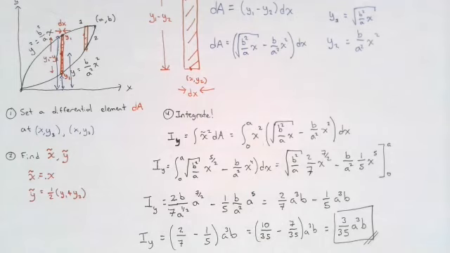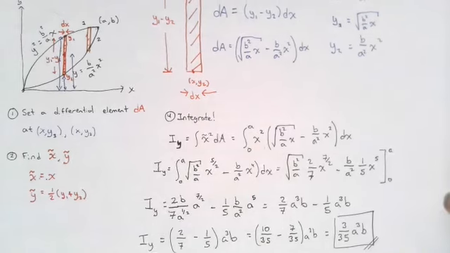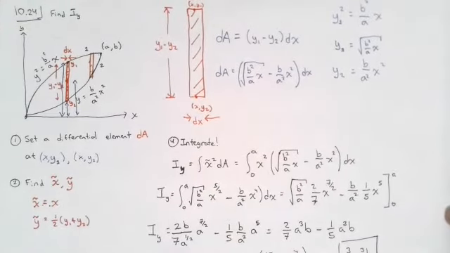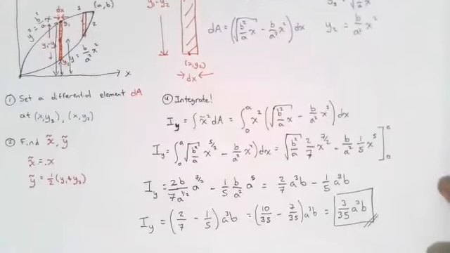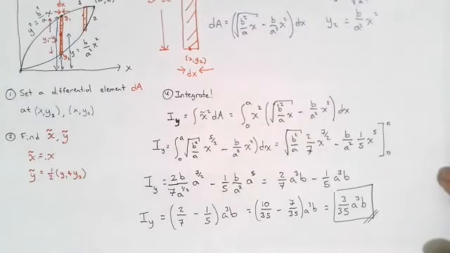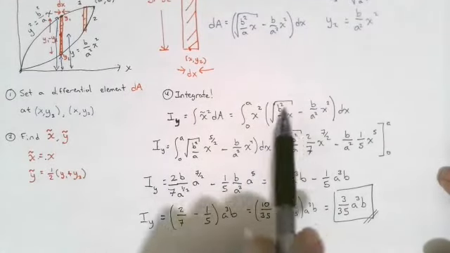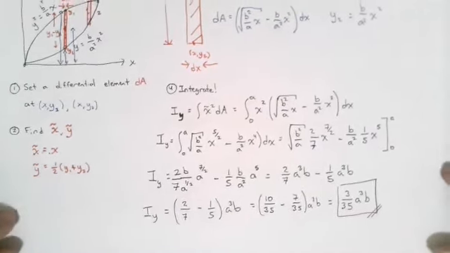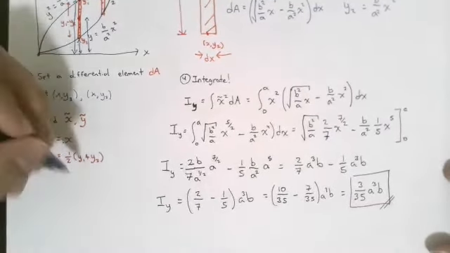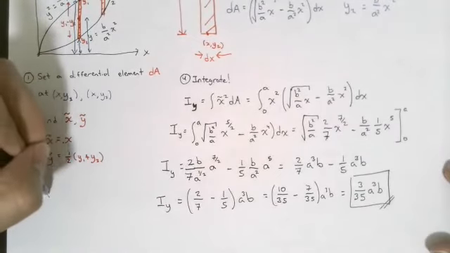Go ahead. How did you get x squared times the square root of x is x to the 5/2? Maybe I missed it. Yeah, no problem. Just to confirm, are you asking how I go from here to here? Yes. Okay, cool. Let me just write it down here. We have x squared, that's one term.